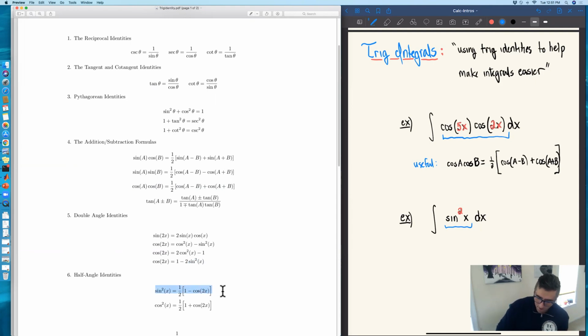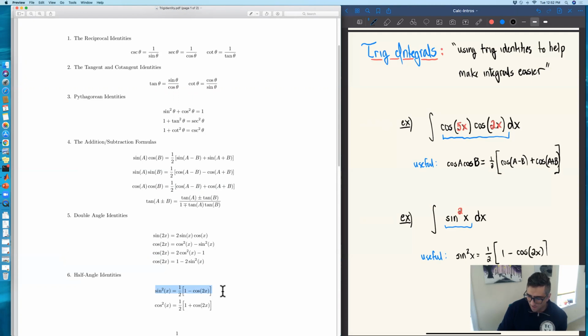So what looks like it might be useful in this case is the identity that sine squared of x equals 1/2 times the quantity 1 minus cosine of 2x.